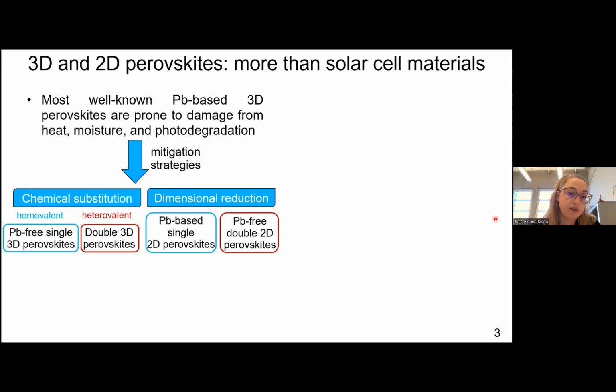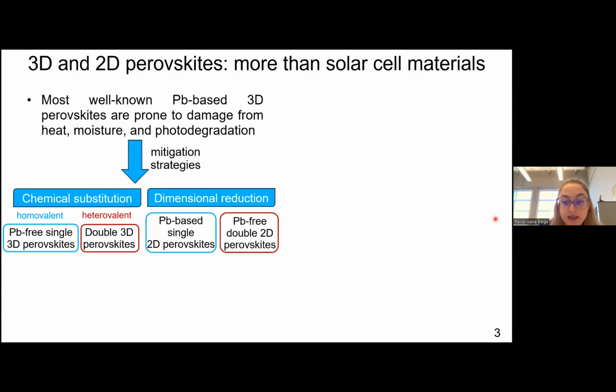Nowadays, there is a lot of progress in this field, but that's basically one way of mitigating the stability issue. And then the other way of doing this chemical substitution is the heterovalent substitution.